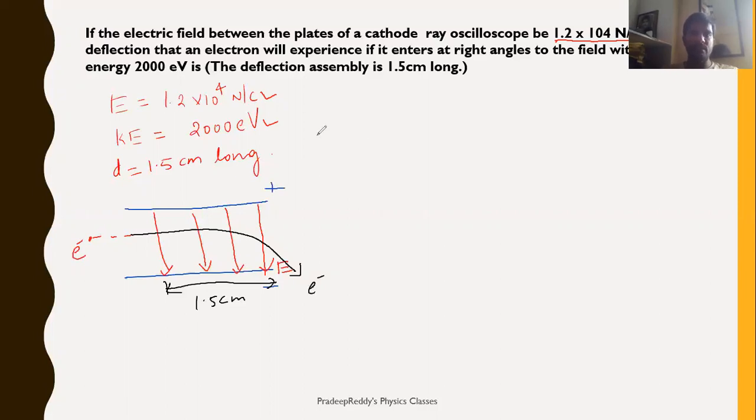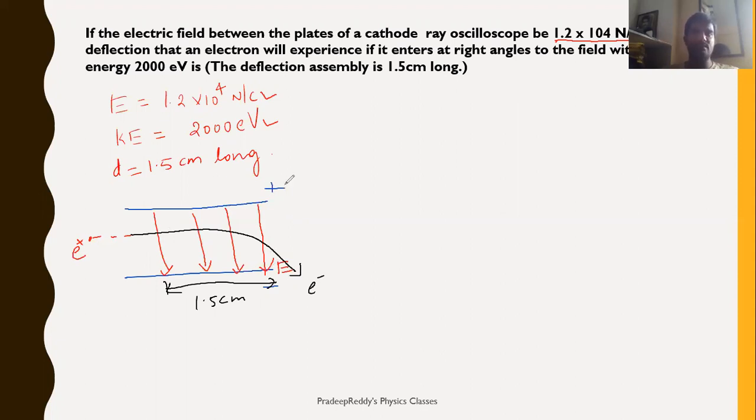Now, whenever a charged particle enter into external electric field, then as we have learned in the previous lectures, it will experience a force in downward direction. So as electric field is in this particular direction, if it is positive charge, it will be deflected in the direction of electric field. If it is negative charge, then it will be deflected in opposite direction to that of this electric field.